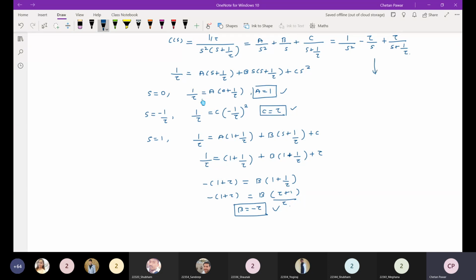So take the inverse Laplace transform, right? So the response is in the time domain only. So what is the inverse Laplace transform of this? Tell me, C(t). What is the inverse Laplace transform of this?